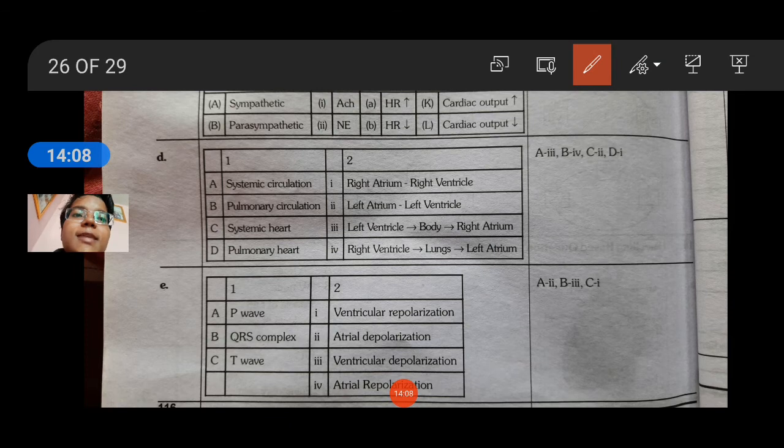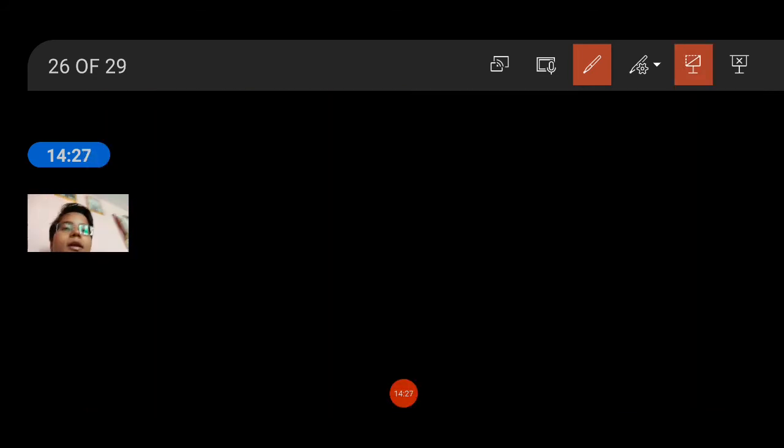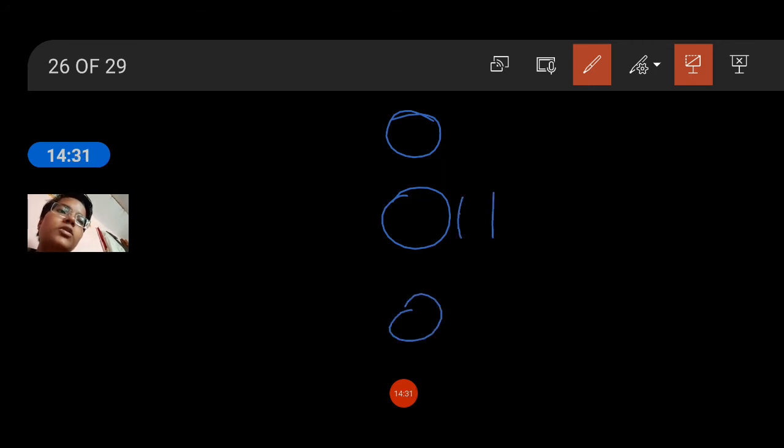Systemic circulation is left ventricle, body, and right atrium. Pulmonary circulation is right ventricle, lungs, and left atrium. Systemic heart is left atrium to left ventricle, and pulmonary heart is right atrium and right ventricle. Let me draw: this is your heart, this is your lung, and this is the cell.